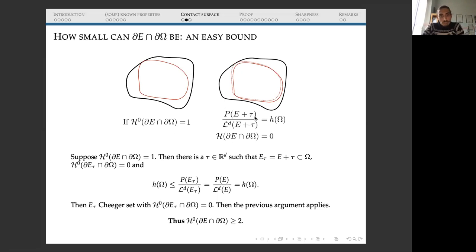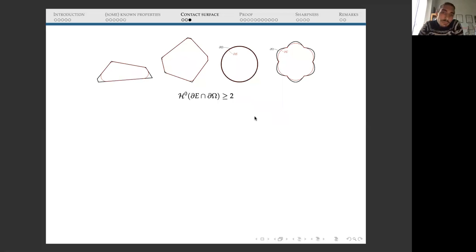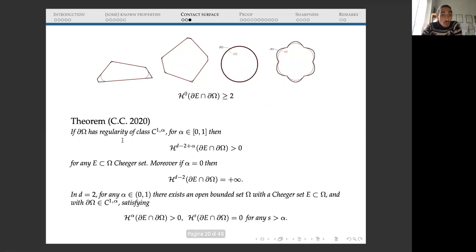Okay, so now I'll give you the statement we had with Simone, which gives bounds on the Hausdorff dimension of the contact surface. So recall this example, we just proved that this has to be true. What actually is true is that the size of the contact surface is linked to the regularity of the boundary of omega, which is kind of expectable.